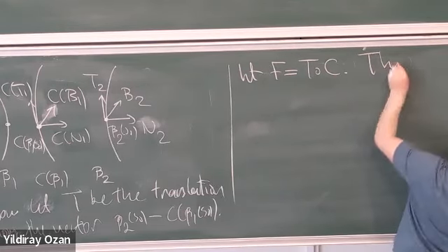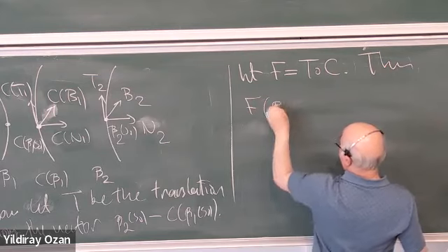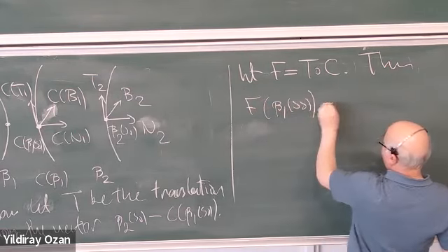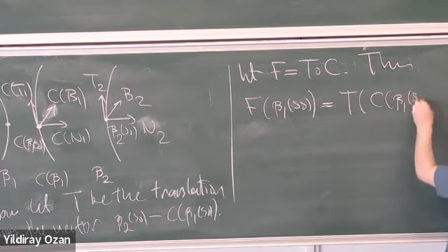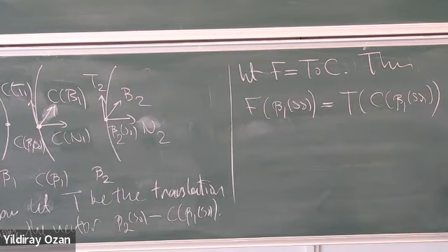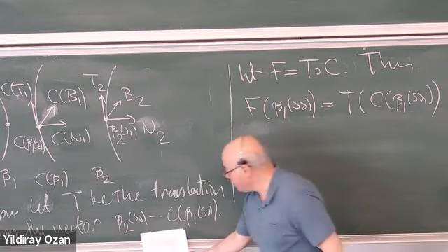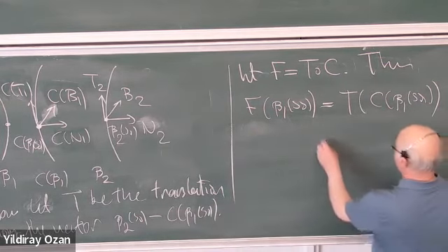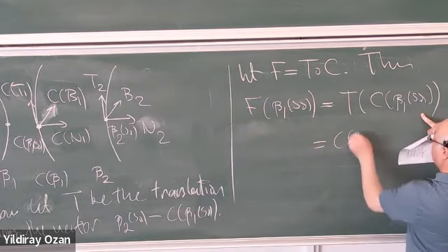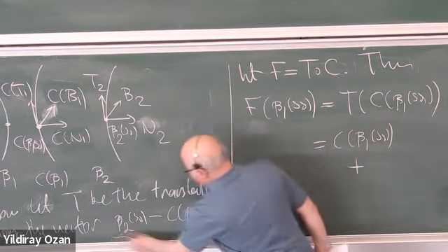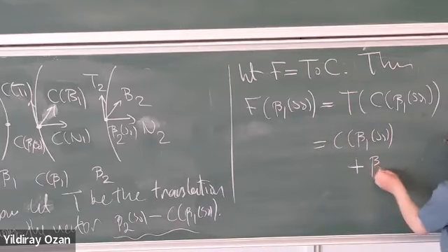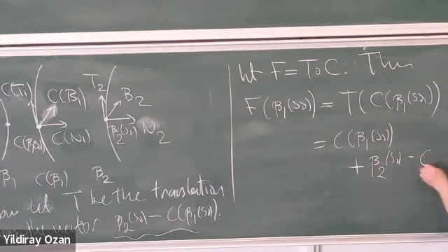Then what is F of beta 1 of S0? Well, this is just T of C of beta 1 of S0. T is the translation along this vector. So this is just this point plus the amount of translation, which is just beta 2 of S0 minus C of beta 1 of S0.